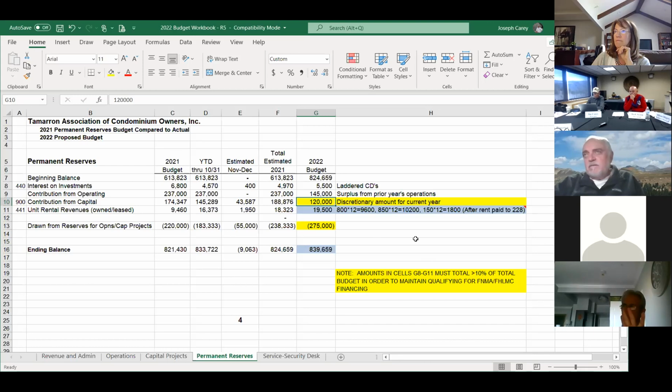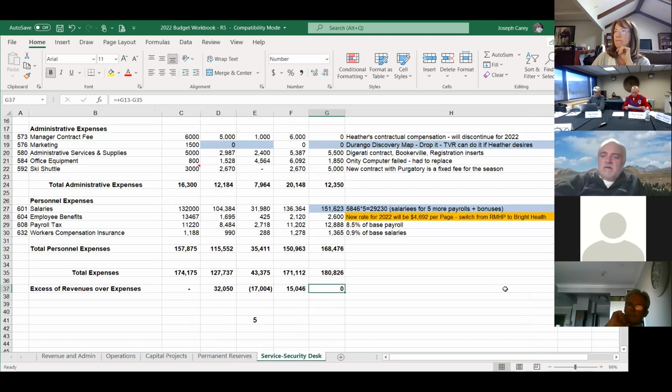And that discretionary amount of the 120, we'll have to see where it shakes out at the bottom to see if we want to make an adjustment there. So we can move on.